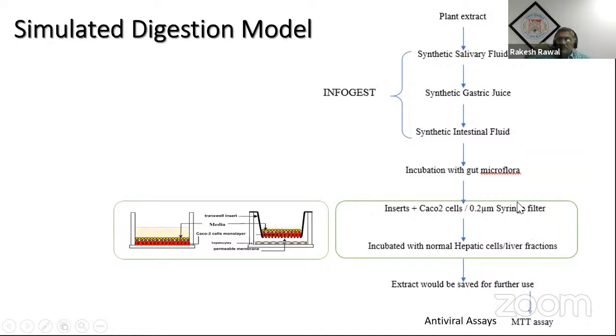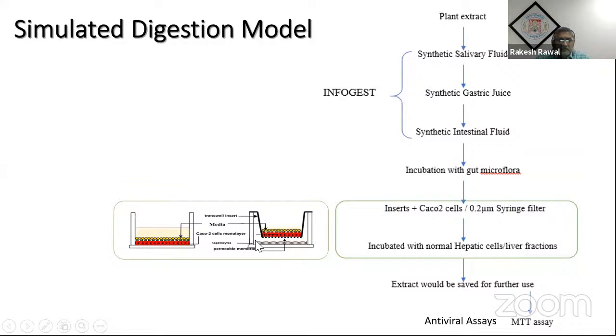So if you take something in a natural way, it passes through all these phases: salivary, gastric, intestinal, gut, and then it gets absorbed into blood, and that goes to liver. And then whatever biotransformation happens, the metabolites generated out of these will be in circulation, and they will reach the target cell.